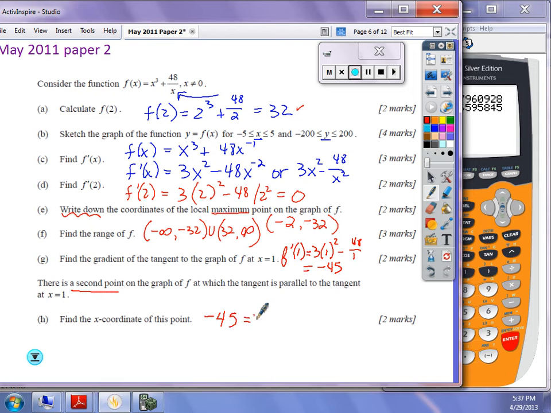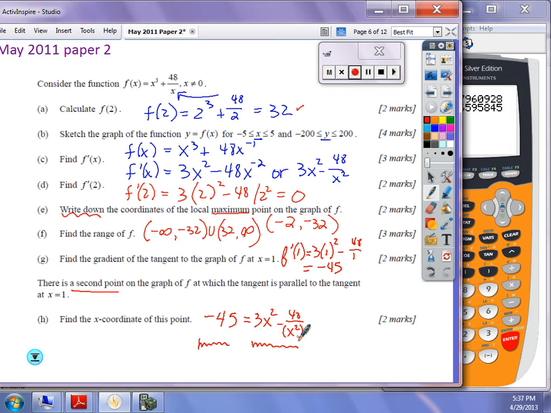So I'm going to say, where is that first derivative, 3x squared minus 48 over x squared, equal to -45? And I could go to y equals, and I could put -45 into y1, and I could put 3x squared minus 48 divided by x squared into y2. Remember, when you divide, put it into parentheses. Then solve for where they intersect.